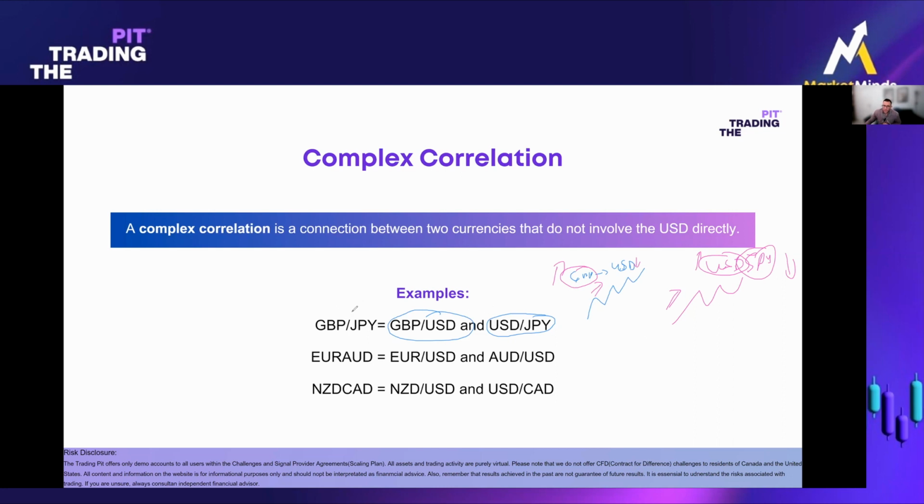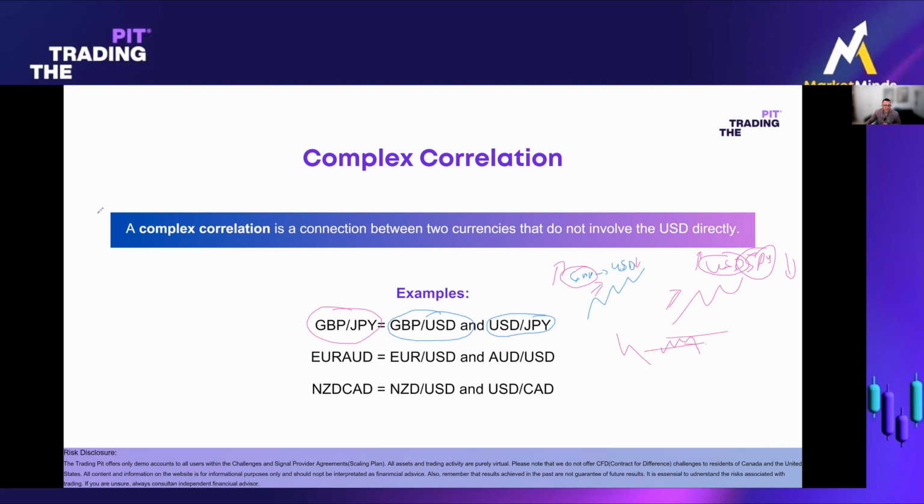If you now find technically an opportunity on the Great British Pound JPY, for example, to go short, let's say the market is in a consolidation and it just broke to the downside of this consolidation.